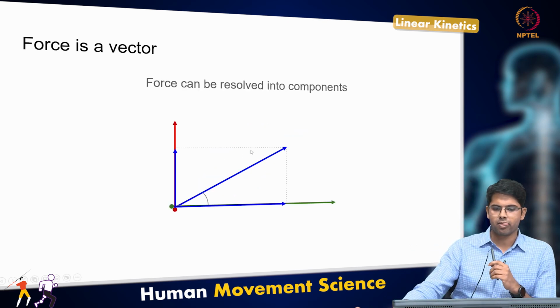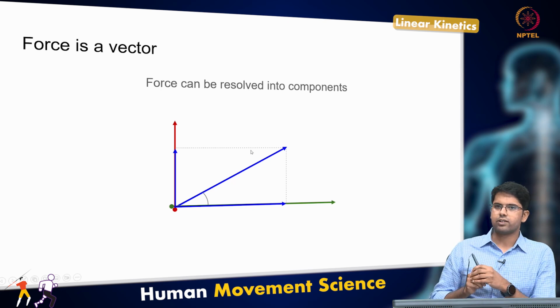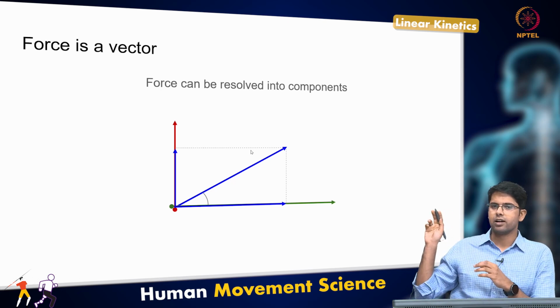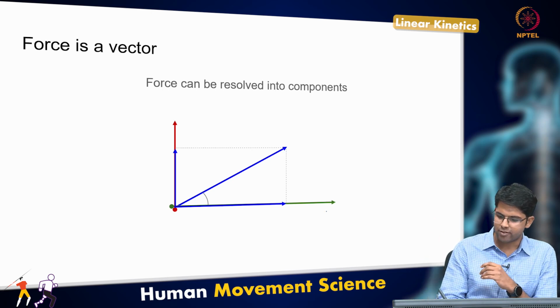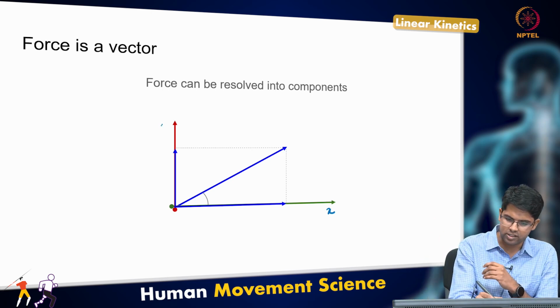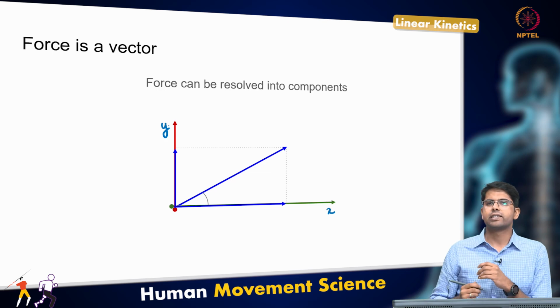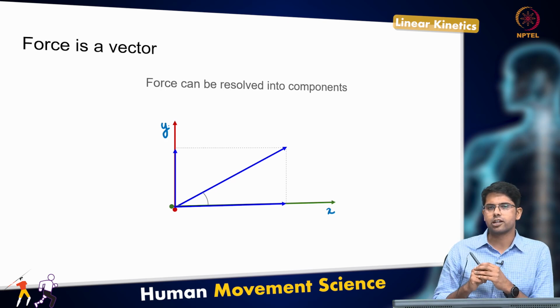And again, because force is a vector, I can split it into its Cartesian components. For that, I have to define a particular coordinate system. The x-axis and the y-axis, like you've seen in kinematics, is just the same.